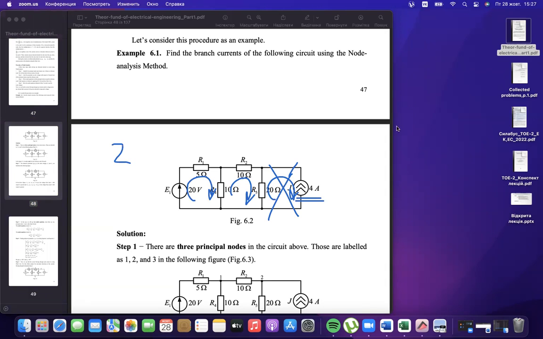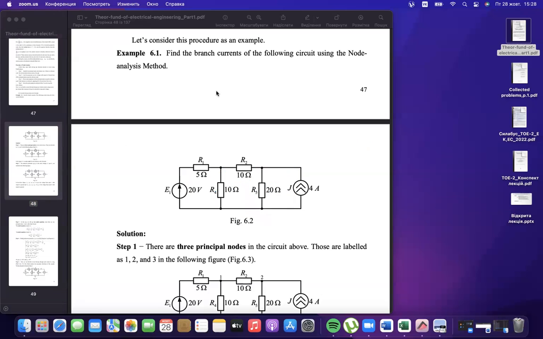For nodal voltages, we have first point, second point, and points 3 and 4 could be connected into one, because between them is 0 conductor and the potential will be equal. That is why we have 3 potentials minus 1, also 2 equations. For this application, it doesn't matter which method we use.